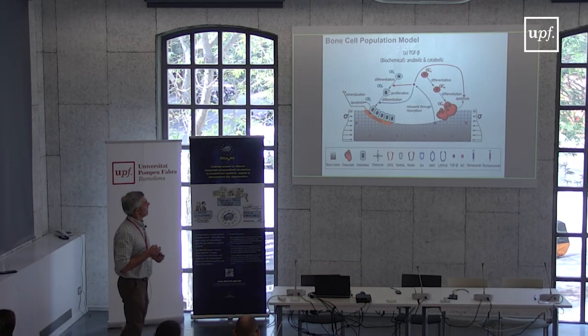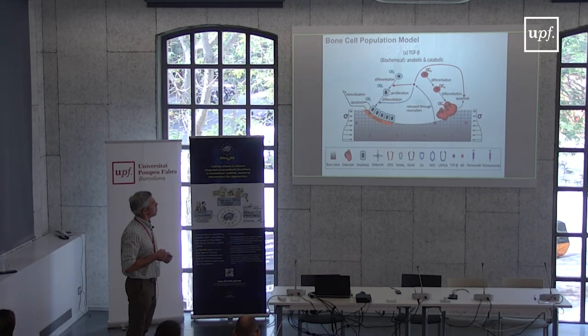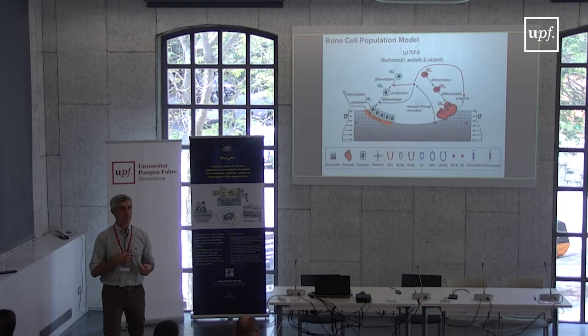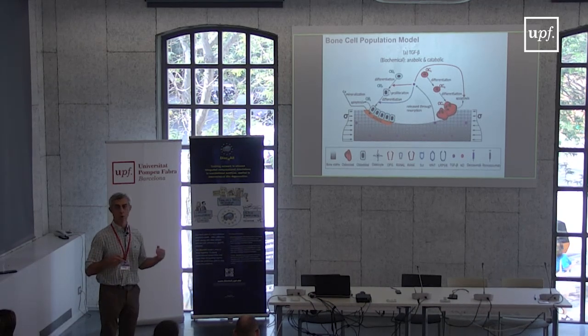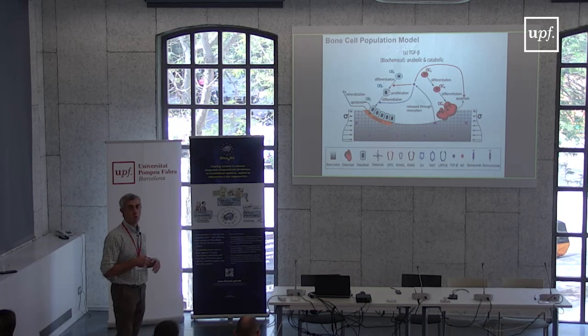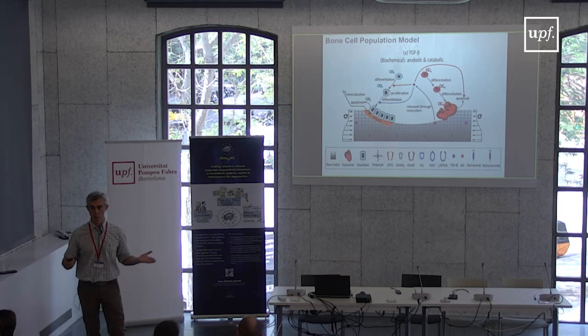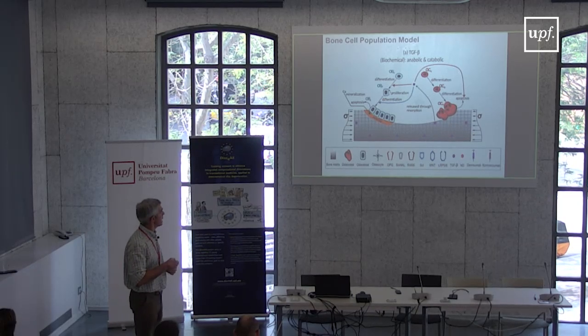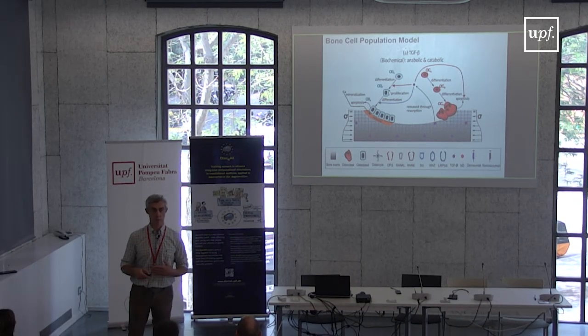So TGF-beta is promoting this differentiation of stem cells into osteoblast precursors and inhibiting their further differentiation. So TGF-beta is making this pool of cells grow and grow. Basically, we are accumulating OBP until the population of OBP is so large that they end up differentiating into active osteoblasts.